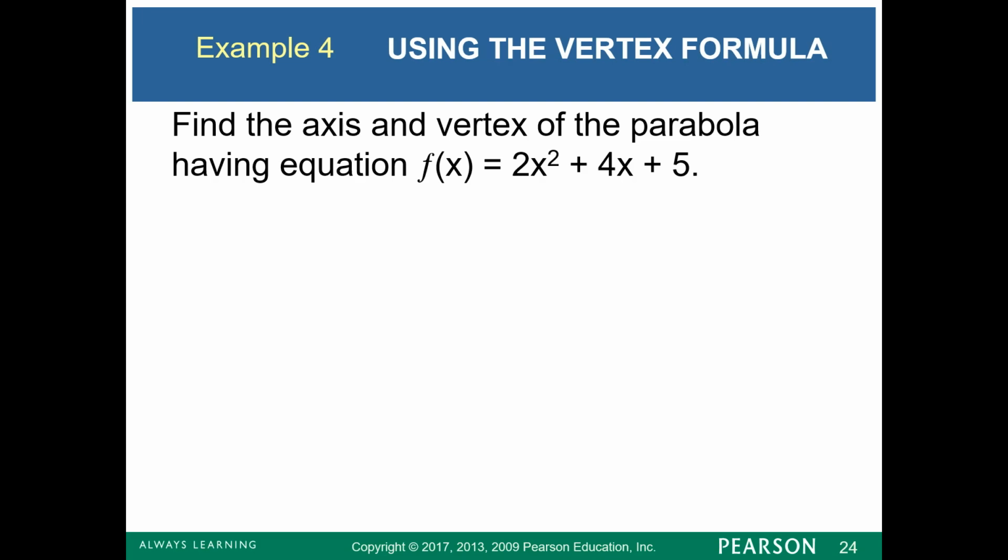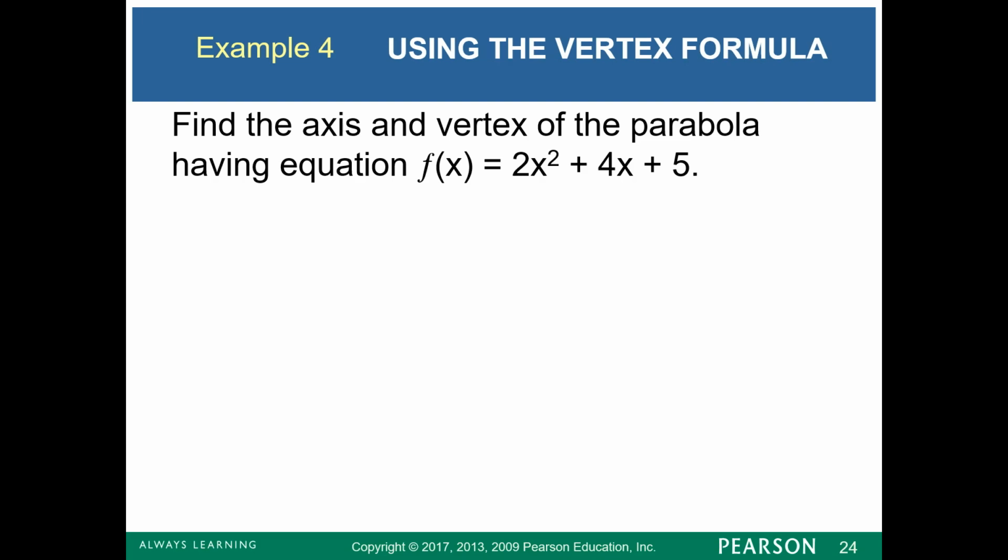The value of a is 2, b is 4, and c is 5. So now h equals negative 4 over 2 times 2. Are you guys with me? So that's going to be negative 1.